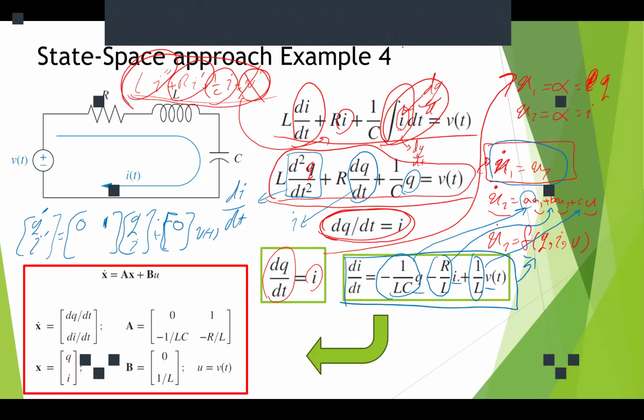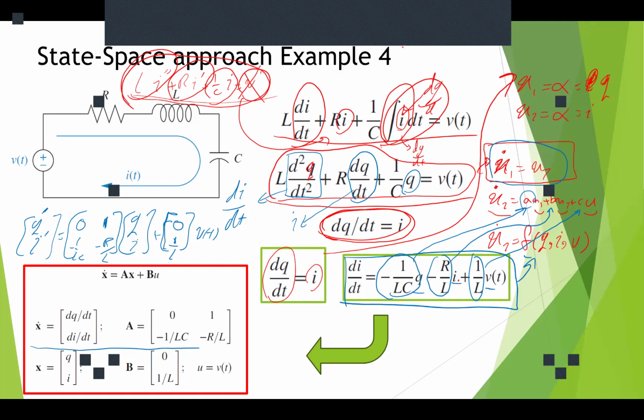This is our first equation. Second equation says that I prime or di over dt is equal to minus 1 over LC times q, plus minus R over L times the second variable, plus 1 over L times the input.